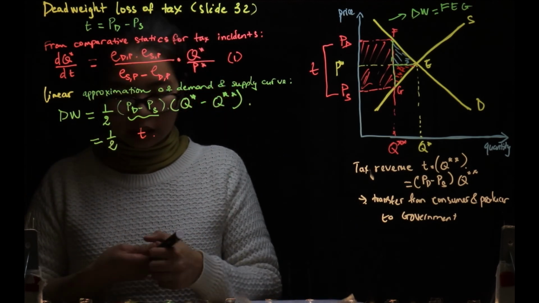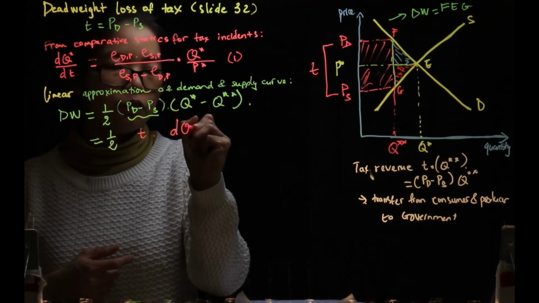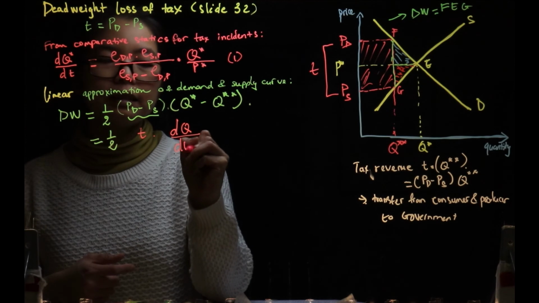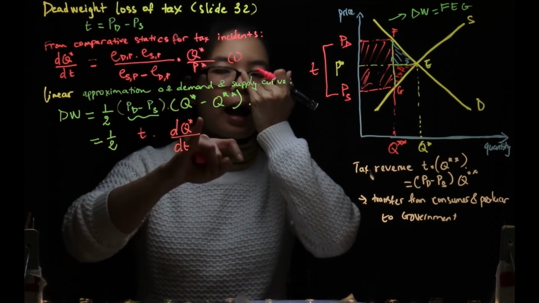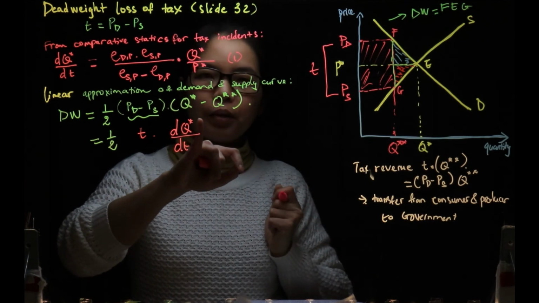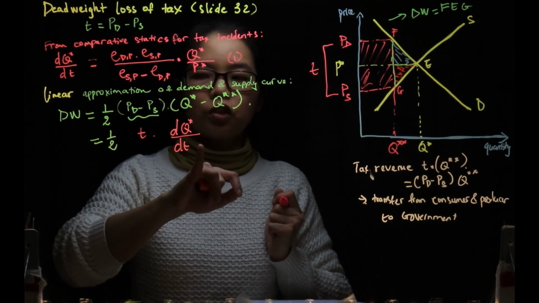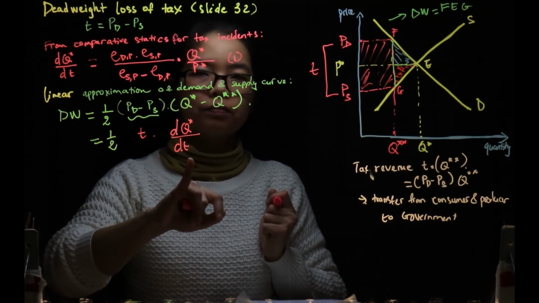So the quantity change is delta Q, and you could write it as dT, meaning how many units of Q are reduced or changed per unit of tax.